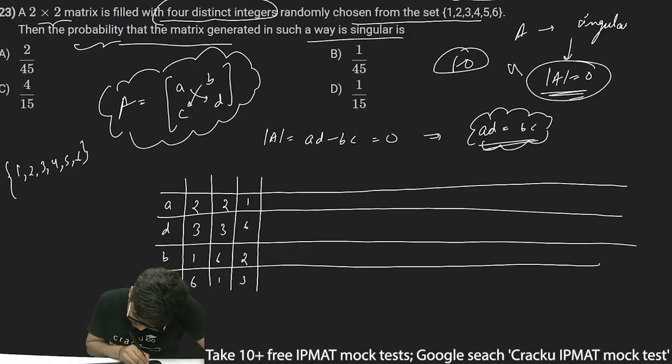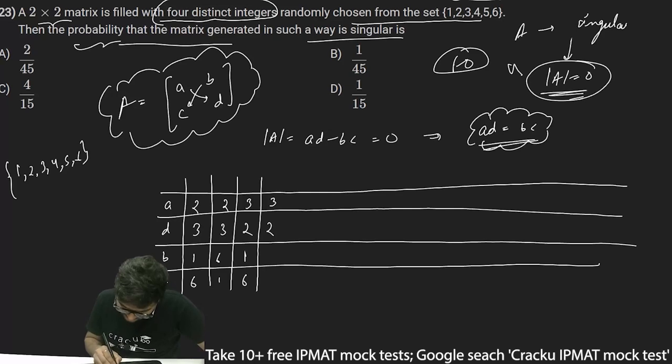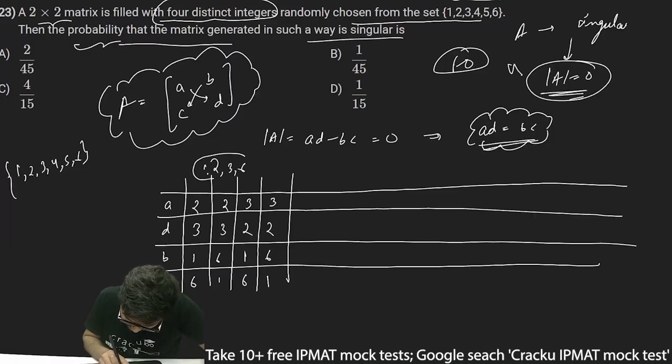I can also do A 3, D 2, B 1 and C 6. So again AD minus BC is 6 minus 6, which is 0. Similarly, 3, 2, and instead of 1, 6, I can take 6 and 1. So these were the 4 cases when the numbers are 1, 2, 3 and 6.